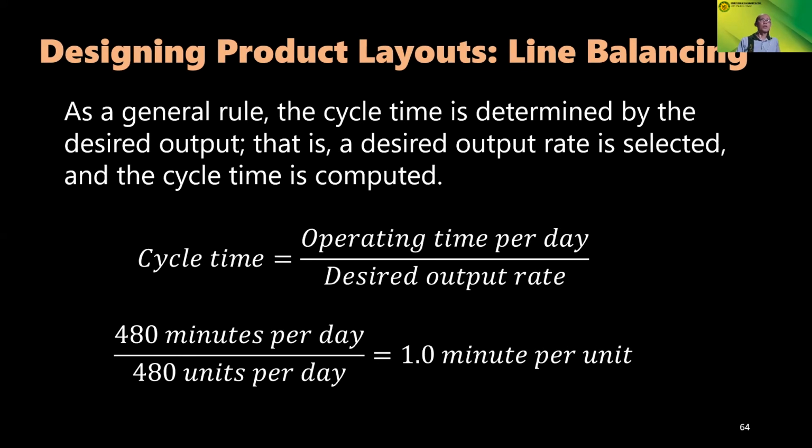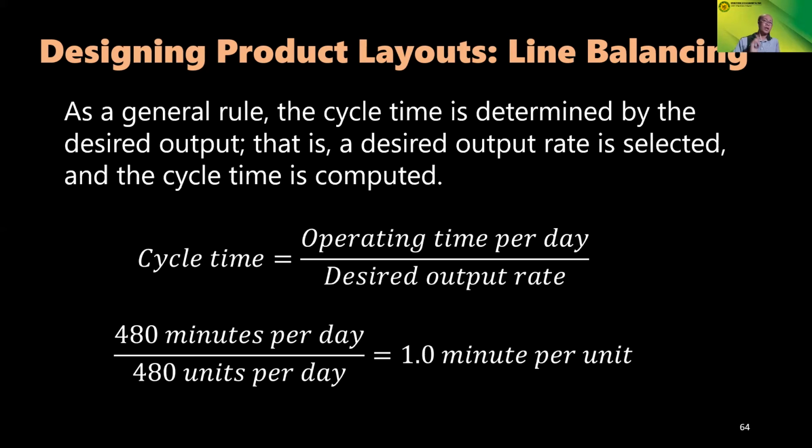As a general rule, the cycle time is determined by the desired output. That is, a desired output rate is selected. You must first select your desired output rate every day so that you can compute your cycle time. So therefore, the formula for cycle time is equal to available time per day, or total operating time per day, divided by the desired output.